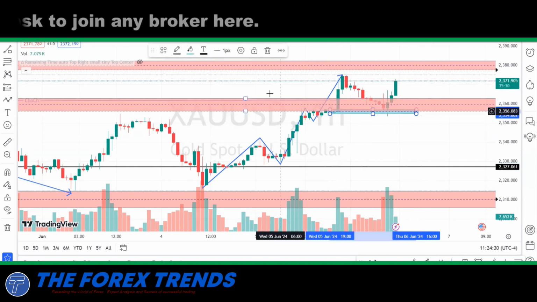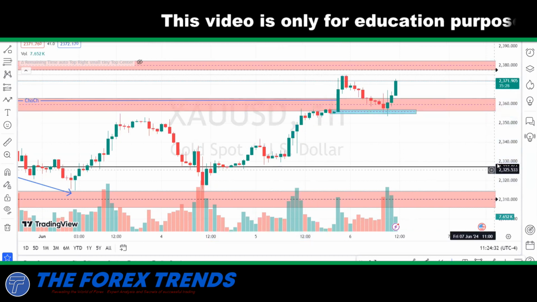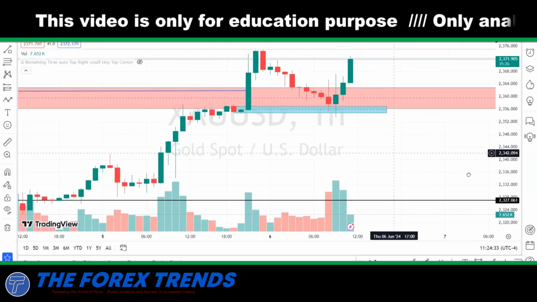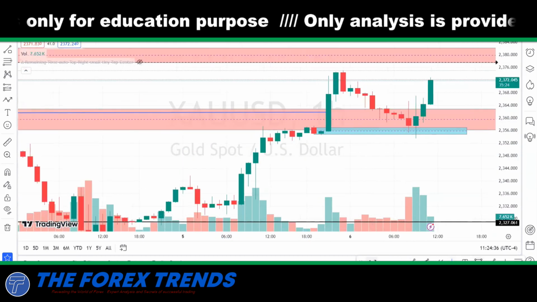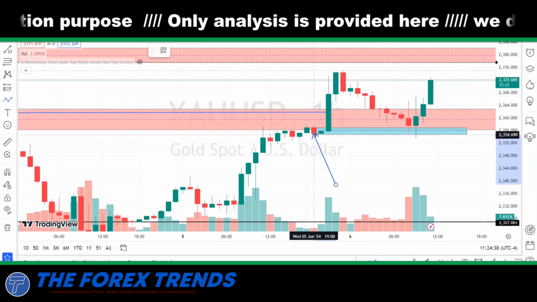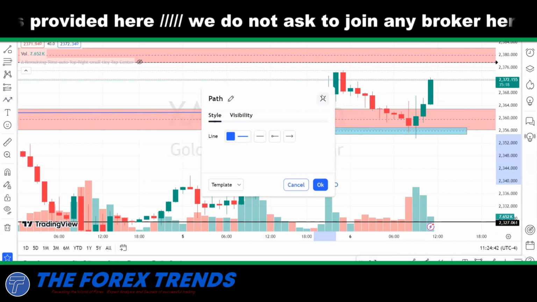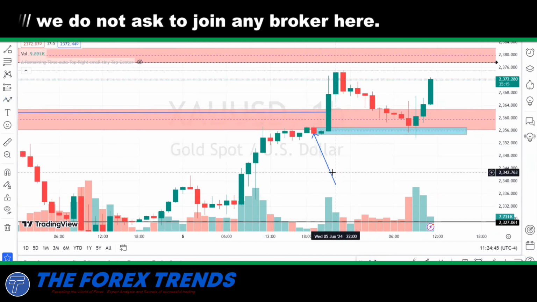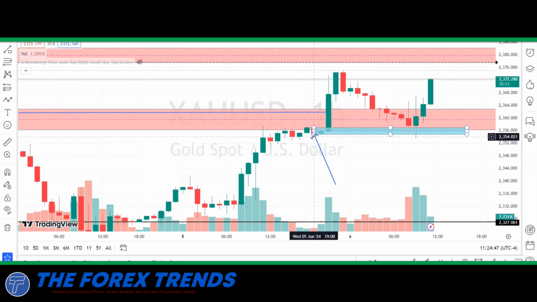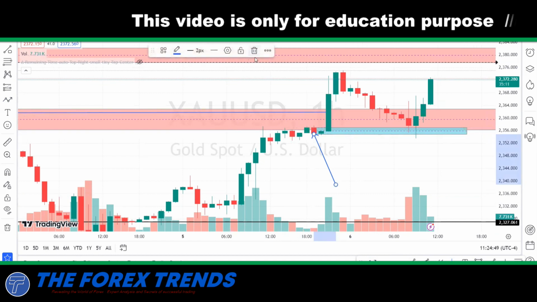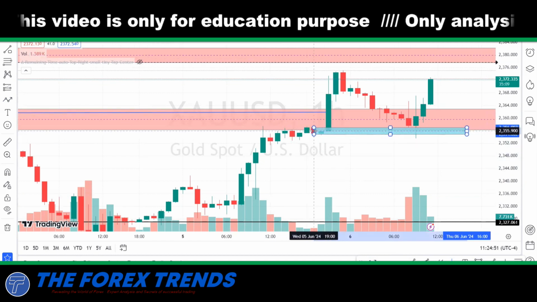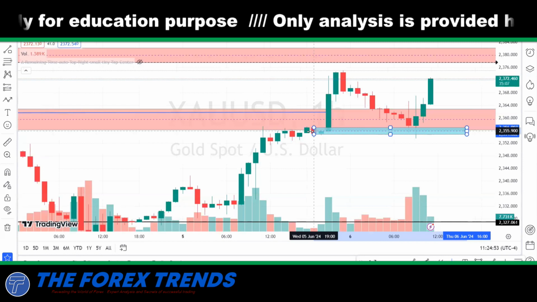If I zoom, you can easily see this is a supply in the 1 hour frame. So it is a second confluence to join this trend, and I mark this level to initiate a buy from here.